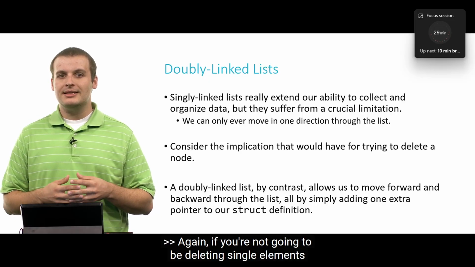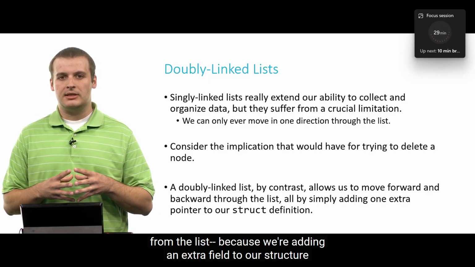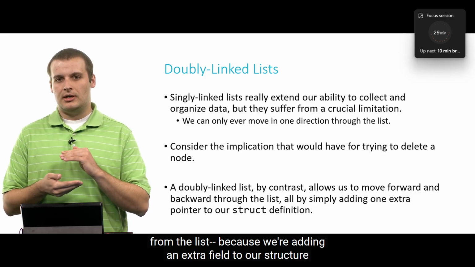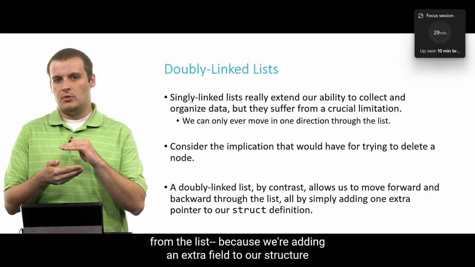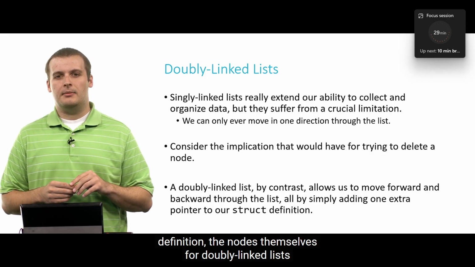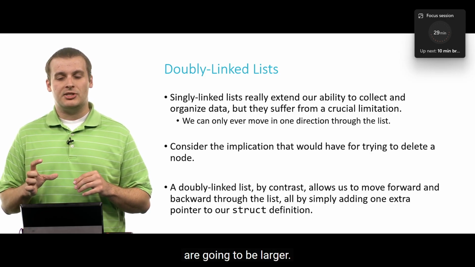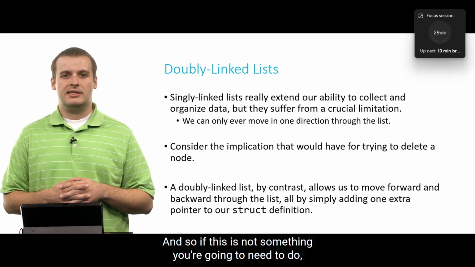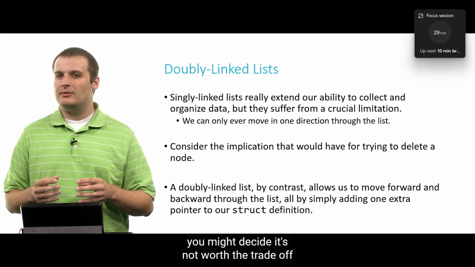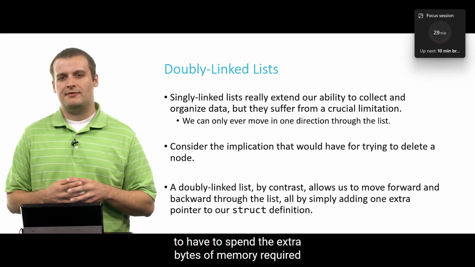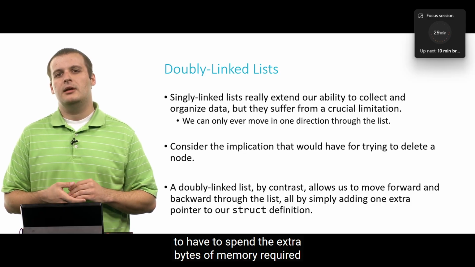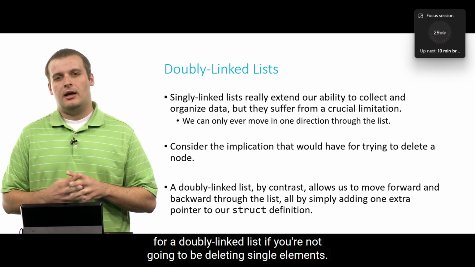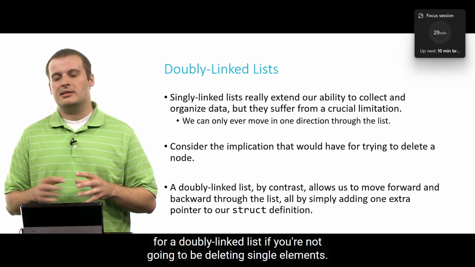Again, if you're not going to be deleting single elements from the list, because we're adding an extra field to our structure definition, the nodes themselves for doubly linked lists are going to be larger. They're going to take up more bytes of memory. And so if this is not something you're going to need to do, you might decide it's not worth the trade-off to spend the extra bytes of memory required for a doubly linked list if you're not going to be deleting single elements.